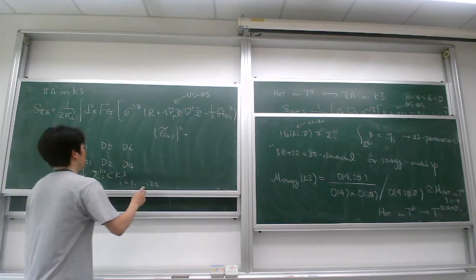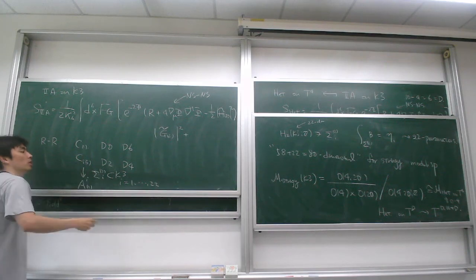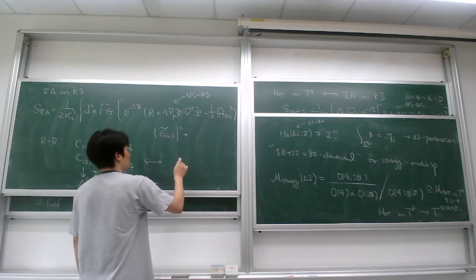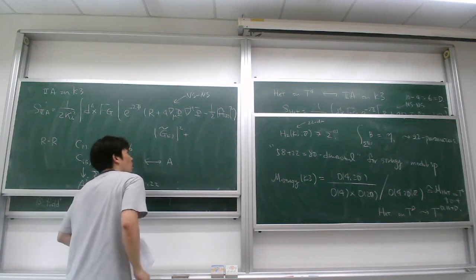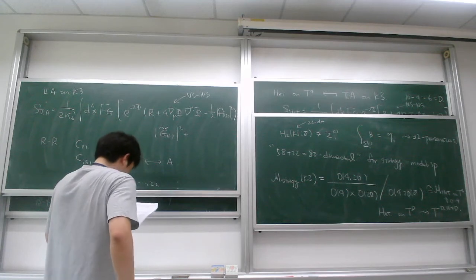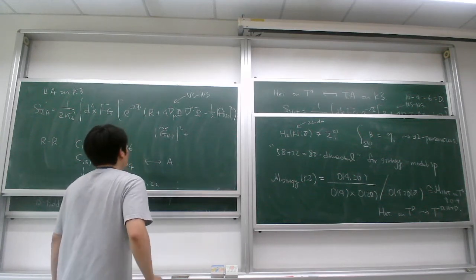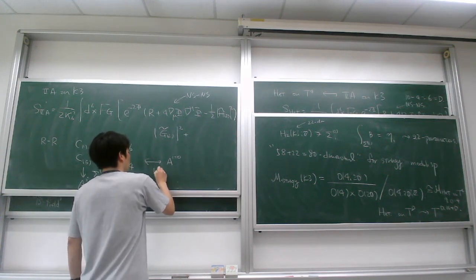Another comes from, if you don't compactify on the 2-cycle, I equals 0, the Hodge dual.